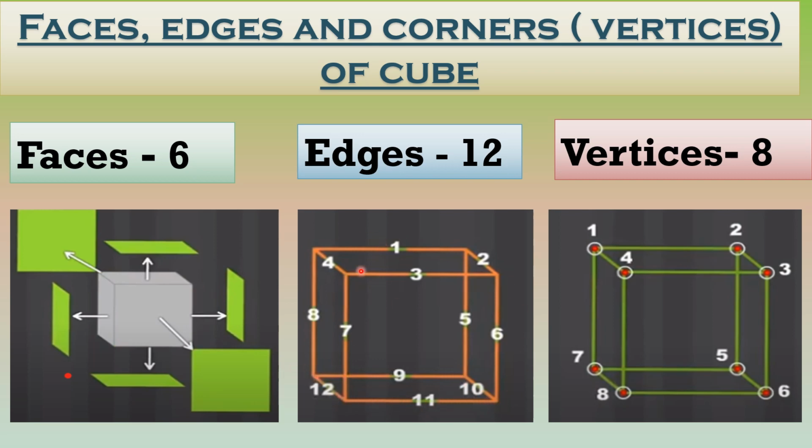It has 12 edges. Now count vertices. 1, 2, 3, 4, 5, 6, 7, 8. It has 8 vertices. So, like cuboid, cube also has 6 faces, 12 edges and 8 vertices.